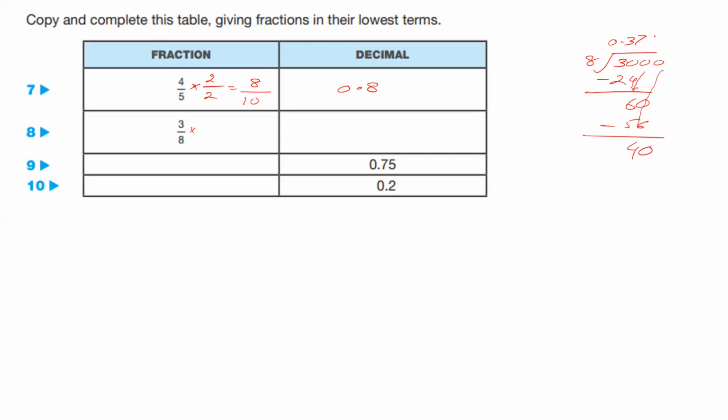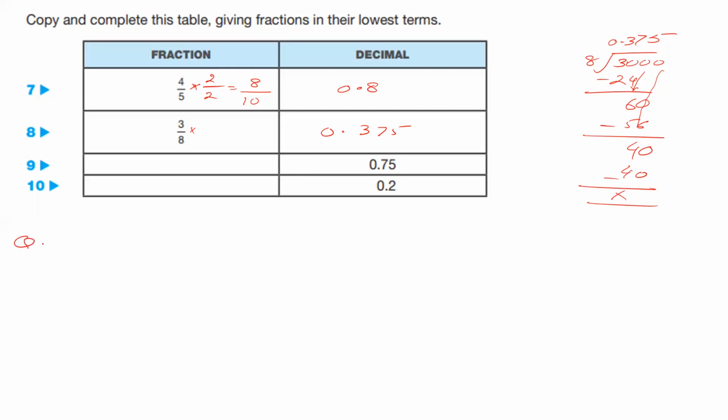And then we have 8 times 5 is 40. So now this is our decimal, 0.375.